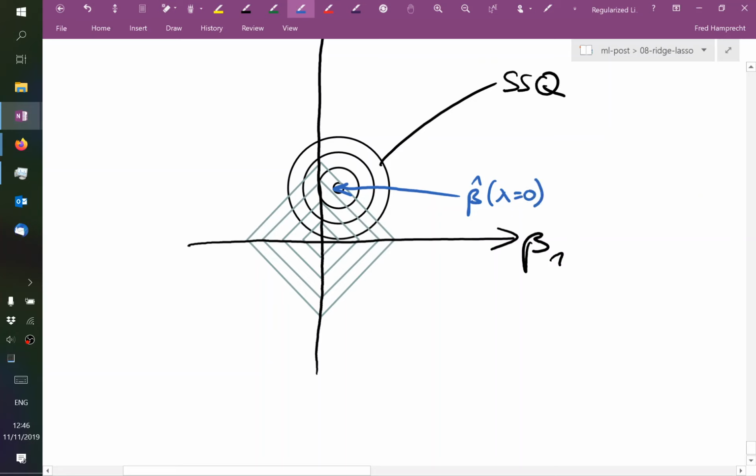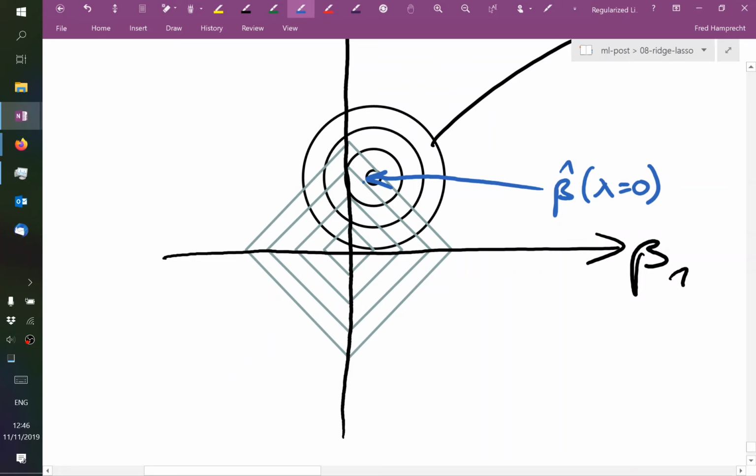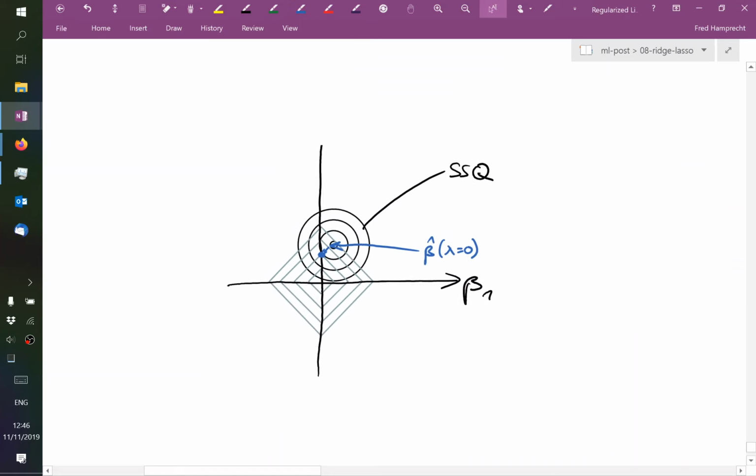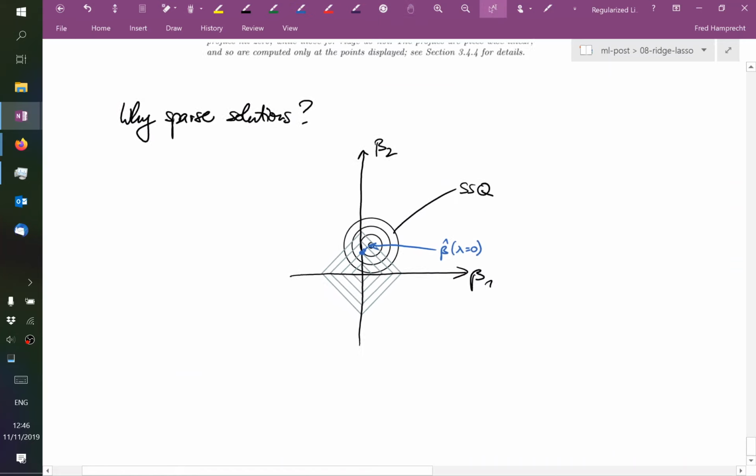And if we now crank up lambda, in this particular example this matrix is an isotropic one, so this extra plane that we have will shift our optimum in this direction, and it will eventually hit this point where one of the coefficients has become 0. Yeah?